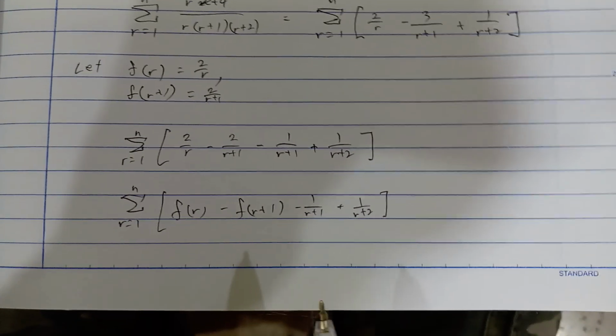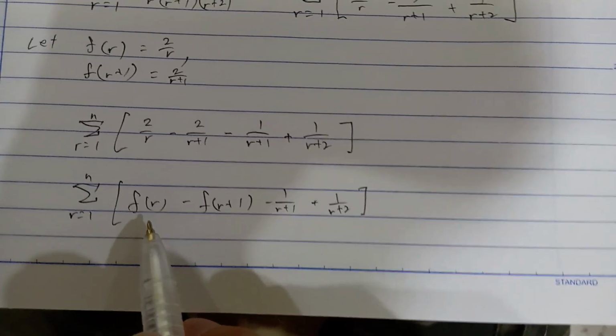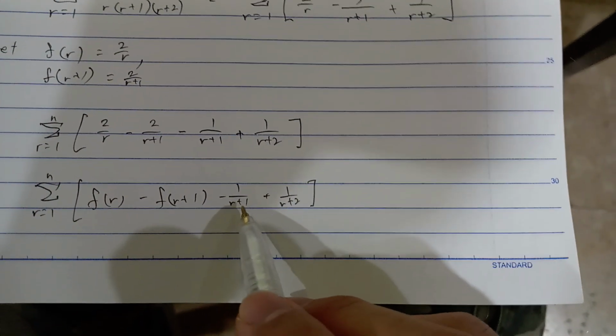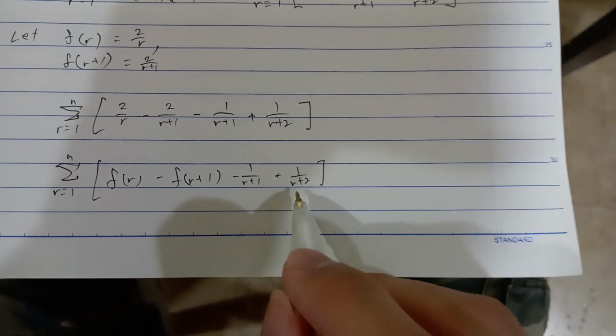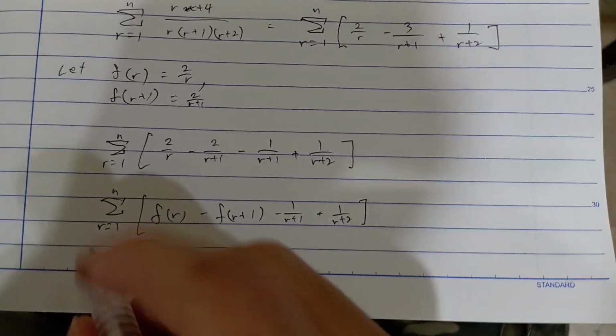Alright, so this is a method of differences. So this minus this, that is a difference. Now, these two also minus each other, right? Got negative and positive. So let me rearrange it so that it's minusing each other.